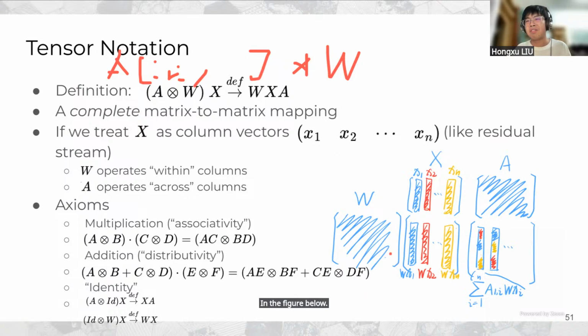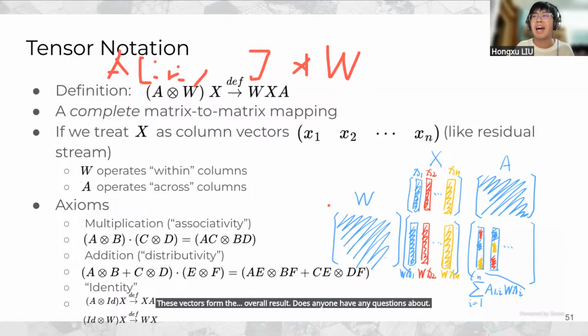We multiply each column vector, and then we do the column permutations while these vectors form the overall result. Does anyone have any questions about what I have explained so far?